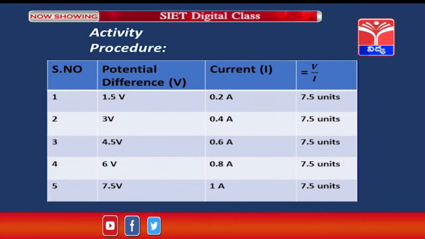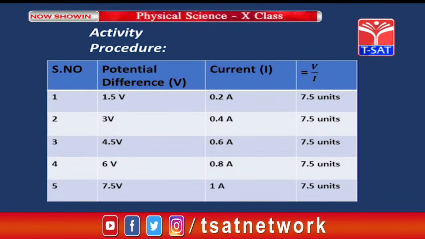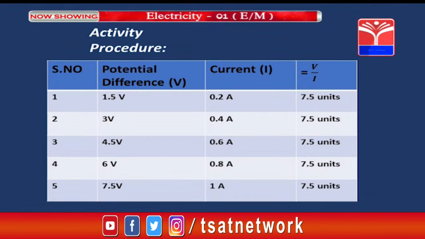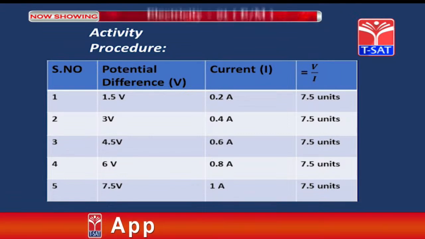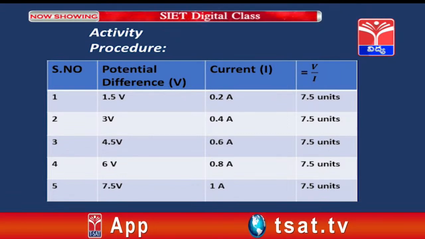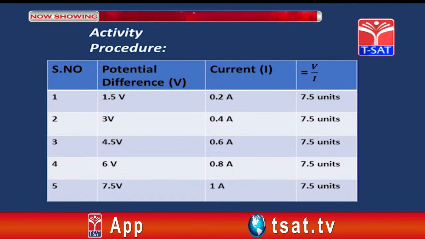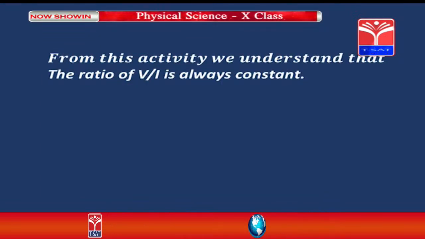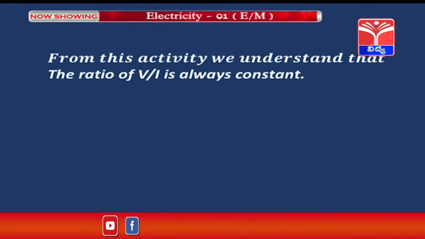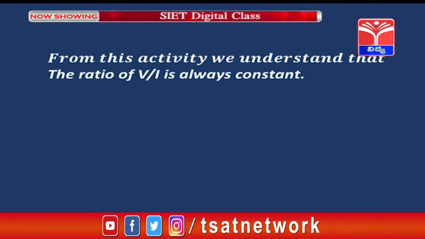For different values, we get different values of current. As we increase the potential difference, the current increases. Let us note them down in the table. From this activity, we can understand that the ratio of voltage to current is constant.